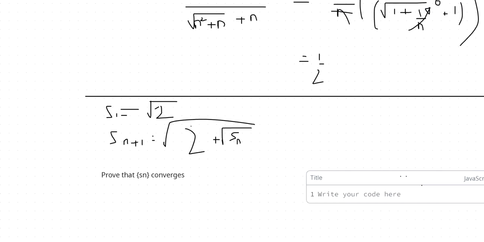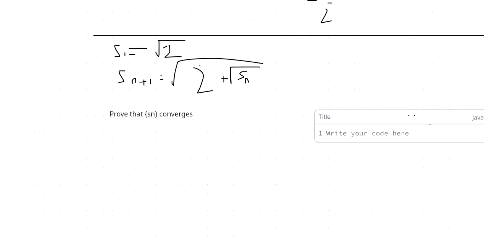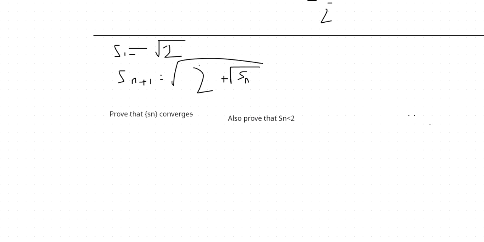I think this is it. To summarize the solution, we have to prove that Sn converges and also prove that Sn is always less than 2.